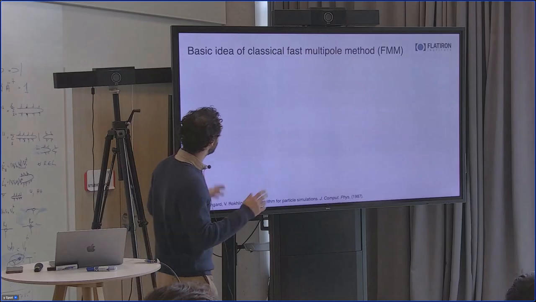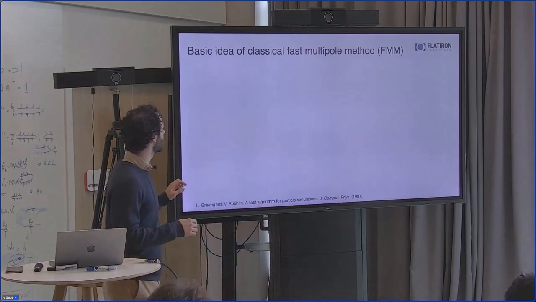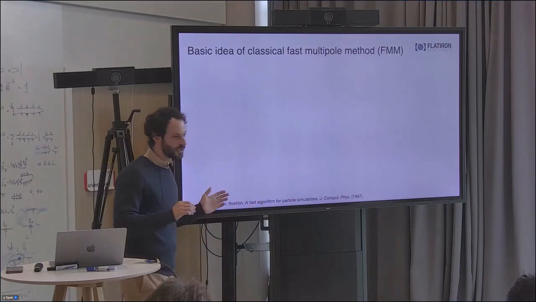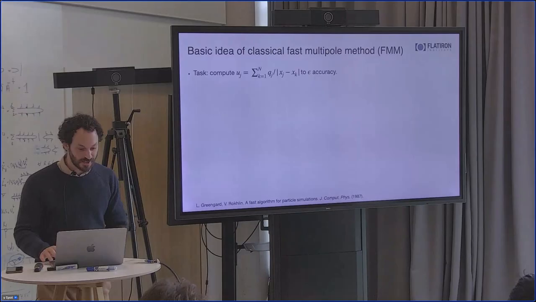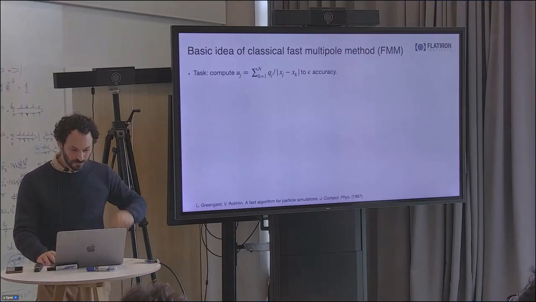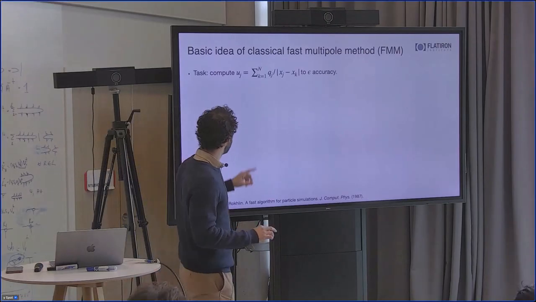People have had many ideas about this. One of the early ideas, which I'm going to very briefly tell you about, is the fast multipole method, which was thought up exactly to solve this problem. How do we do this sum to epsilon accuracy?